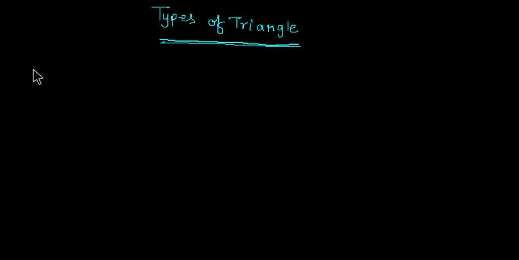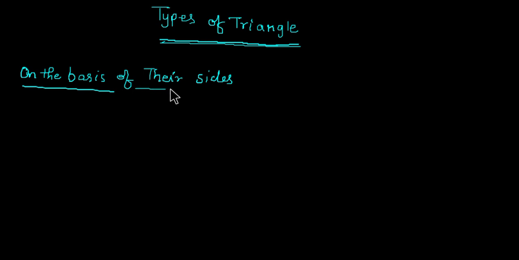First one is on the basis of their sides, and the second one is on the basis of their angles. So first we will discuss the types of triangle on the basis of the sides.